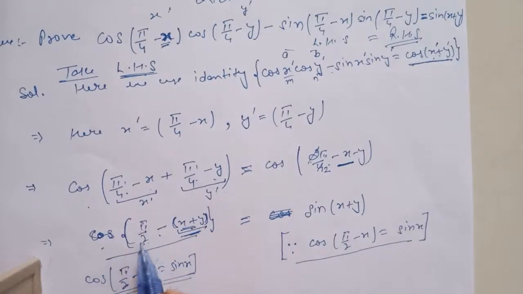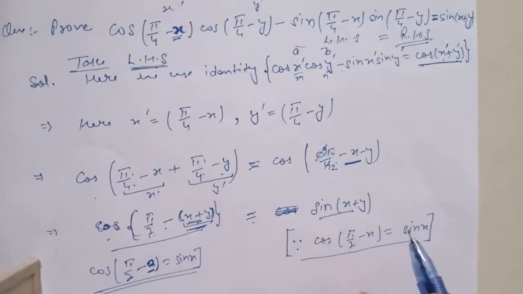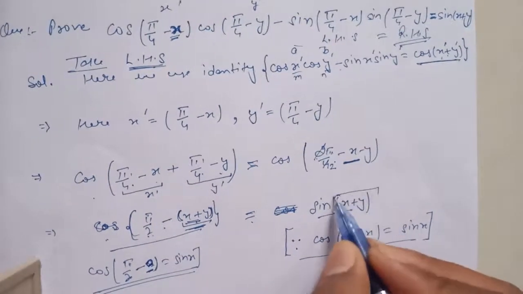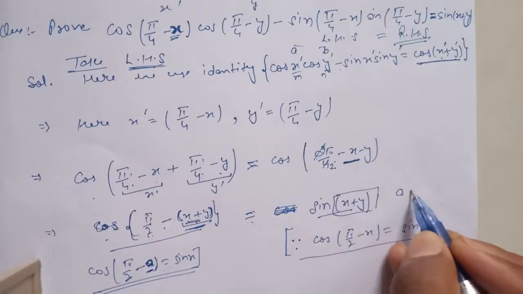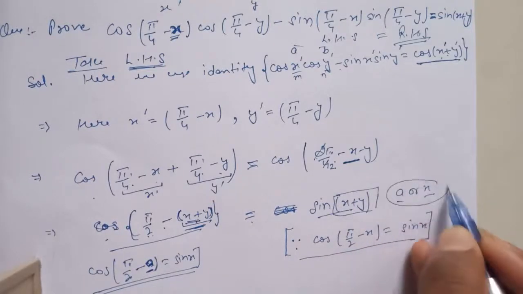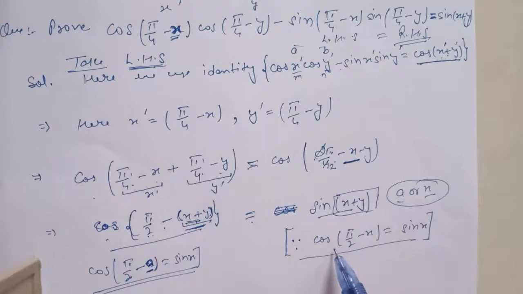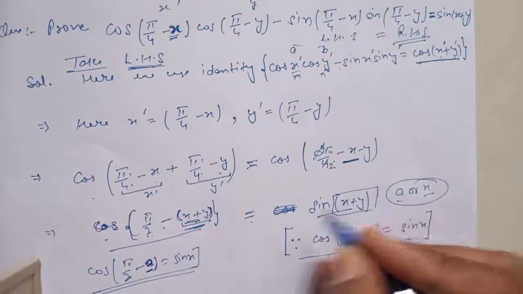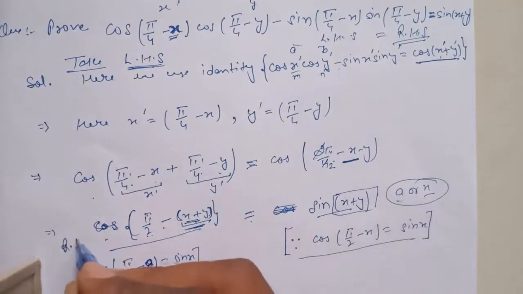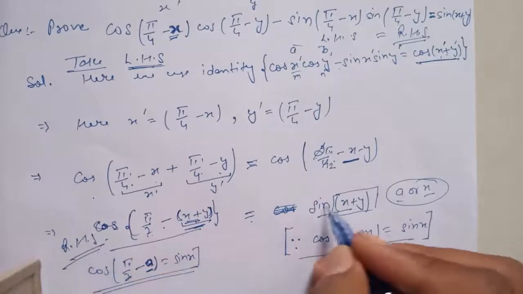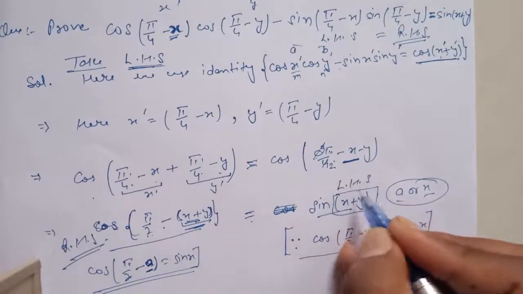Therefore cos of 90 minus x plus y is equal to sin x plus y. Here x plus y is the a or x, say anything. Now we have proved that the right hand side is equal to the left hand side.